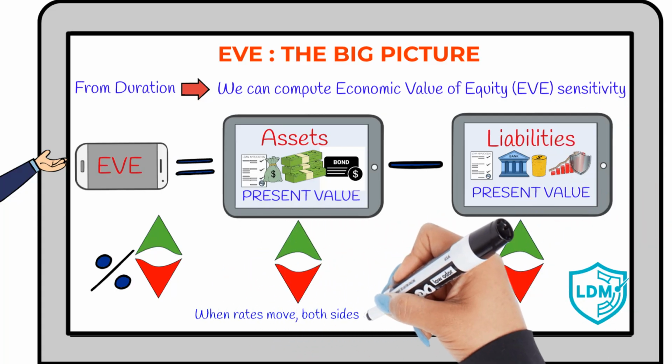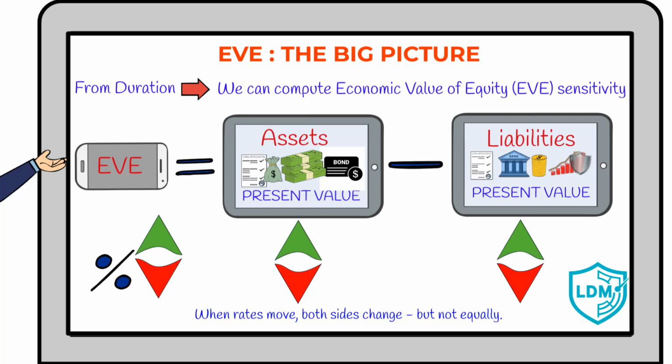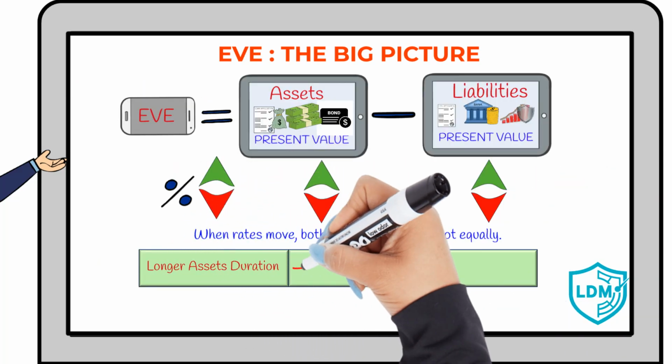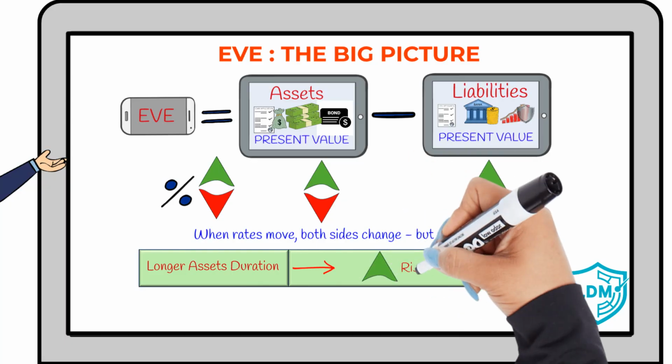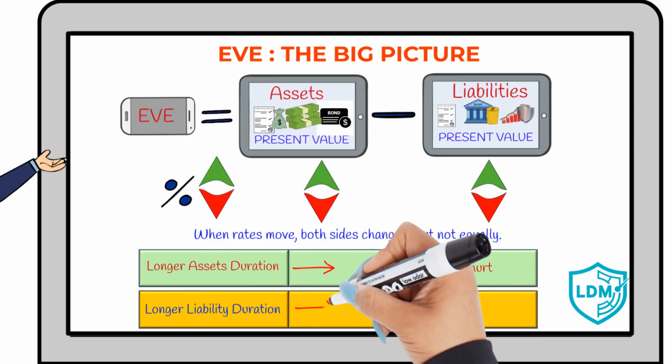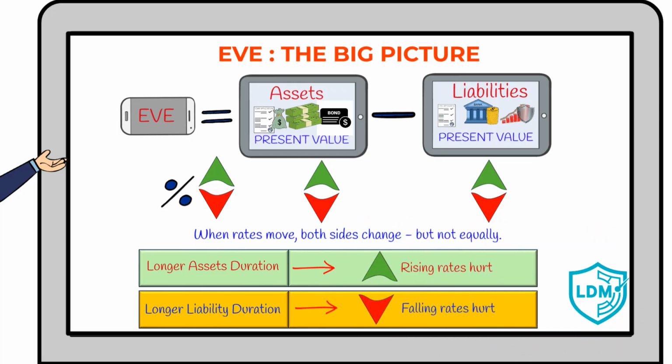The difference between the two is the bank's economic value sensitivity. If assets have longer duration than liabilities, rising rates hurt the bank more. If liabilities have longer duration, falling rates hurt more. Duration plus EVE tells you how much the bank's long-term value rises or falls when interest rates shift.